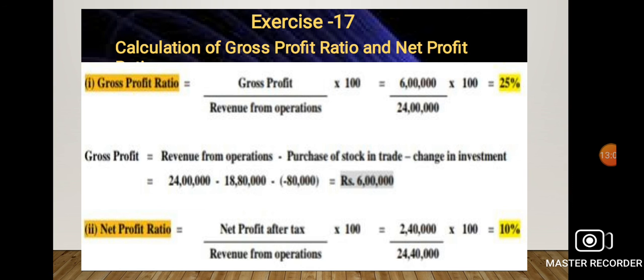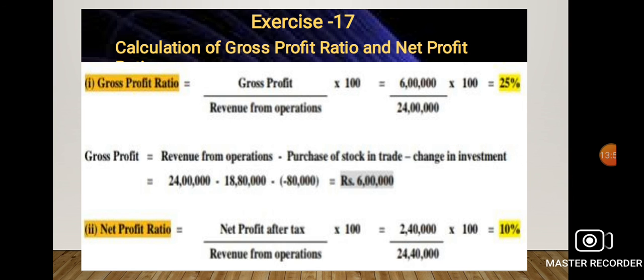Then another ratio, net profit ratio. Net profit after tax divided by revenue from operations into 100. So the net profit value is already given. Net profit value means gross profit plus indirect income minus indirect expenses minus tax, or another formula: net profit after tax equals revenue from operations minus cost of revenue from operations minus operating expenses plus non-operating income.